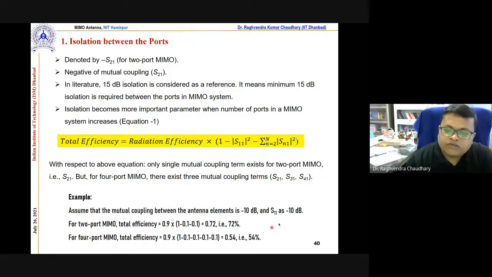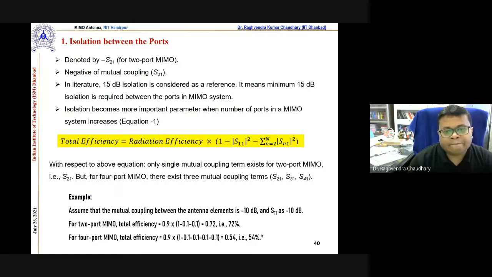So if you improve the coupling between these, you may improve the efficiency. I believe you are getting the point why isolation is dangerous for the communication part. We will see how to reduce and improve these things.